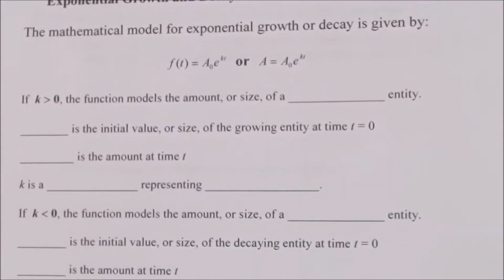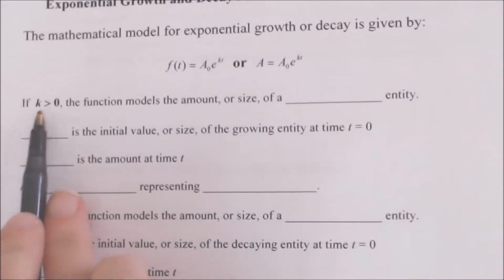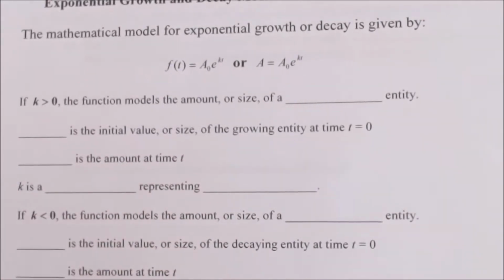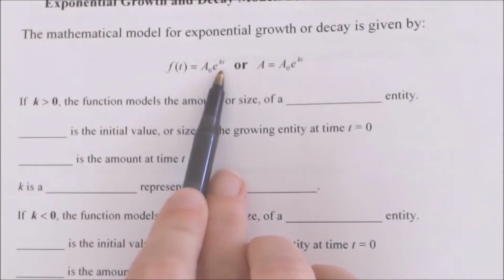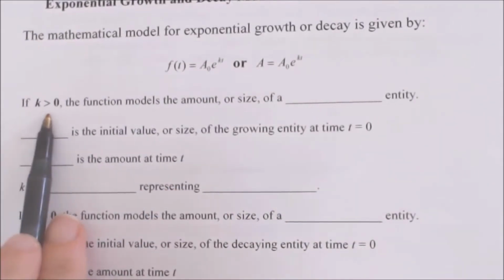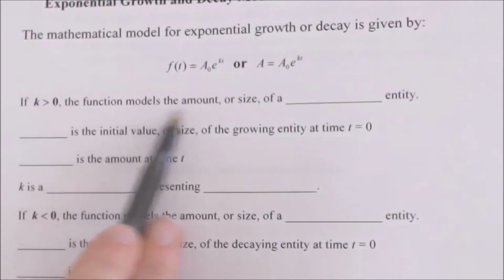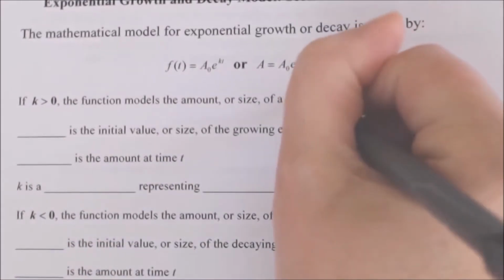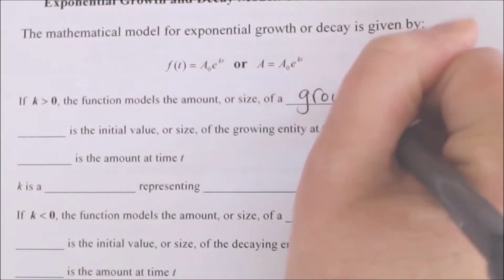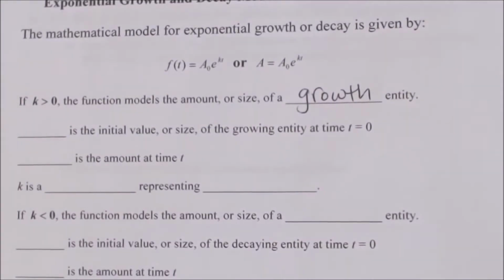So what do all the variables stand for? K represents your rate of change per year, per month, per day, whatever unit of time. T is time, that you're working with. If K is positive, then the function models the amount or size of a growth entity. In other words, something that's growing or increasing in size. Think population of a country, that would usually be increasing in size. So K would be positive in that case.